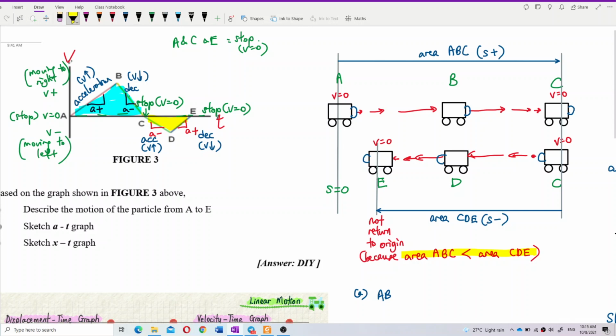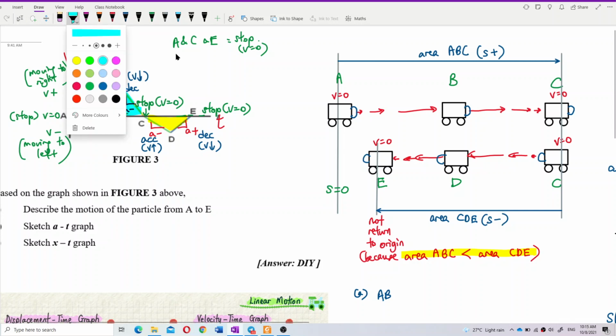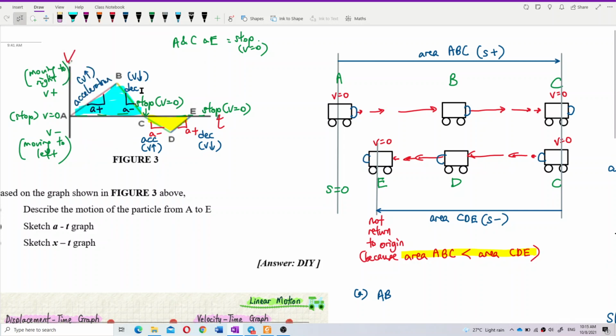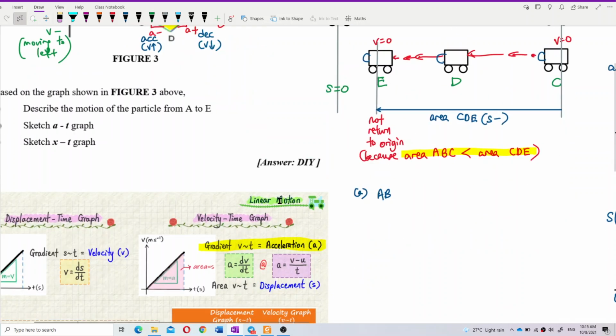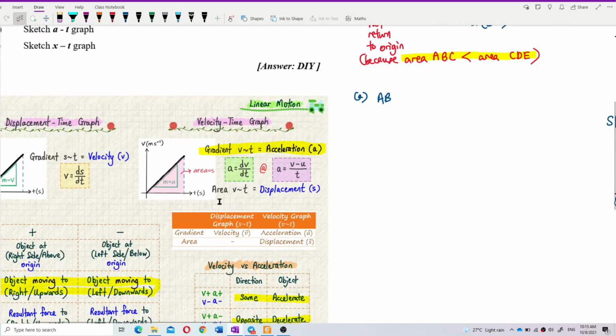So the blue area, we can say this is a positive displacement. The area shows displacement because it's a velocity time graph. Okay, for a velocity time graph, the area under the velocity graph is called displacement. This one also you should know.